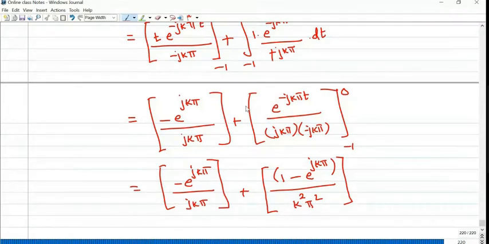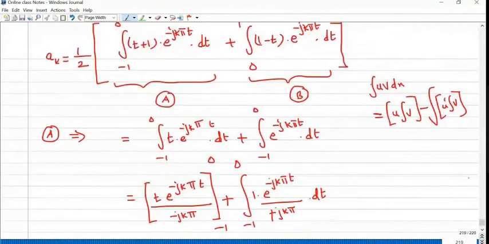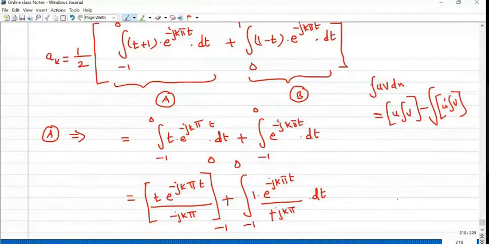So minus e power jk pi divided by k pi. Okay.